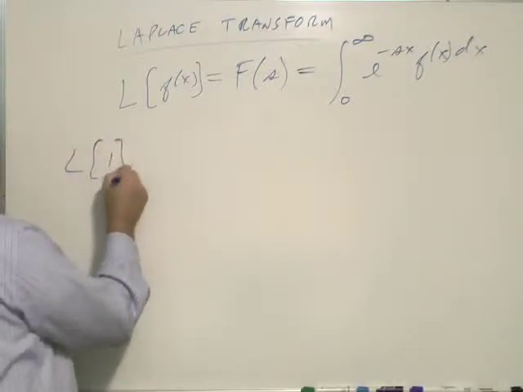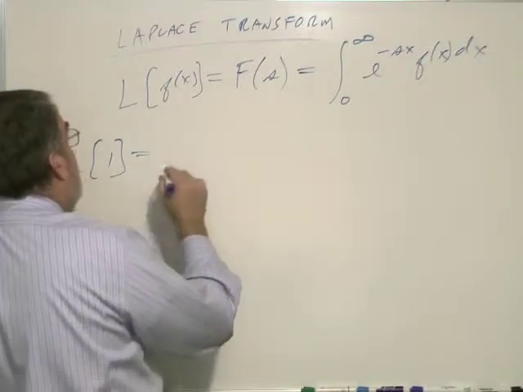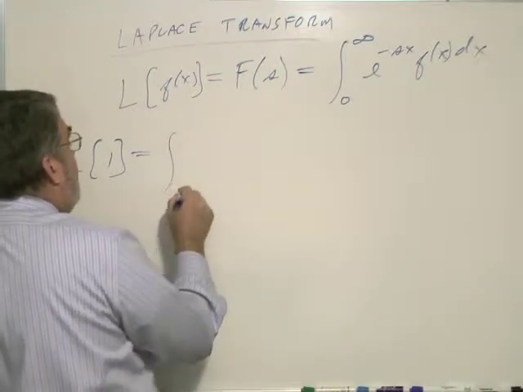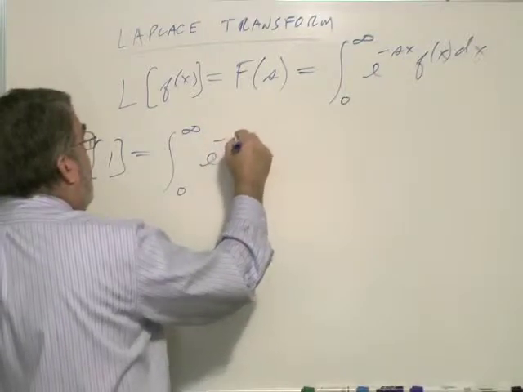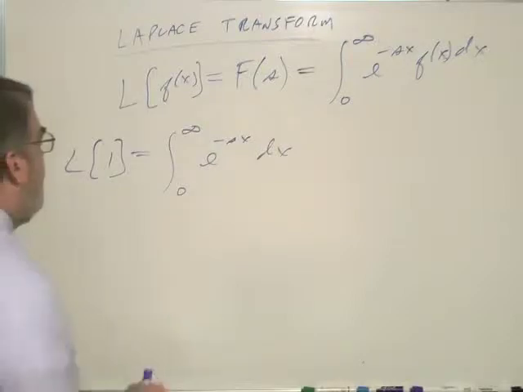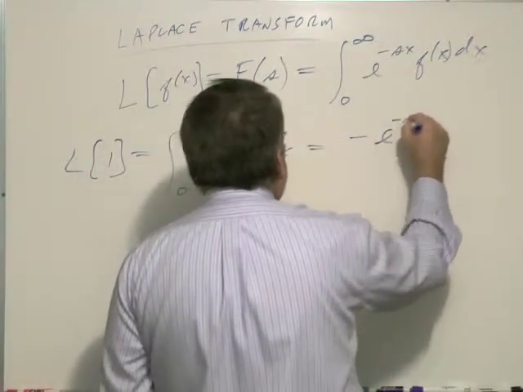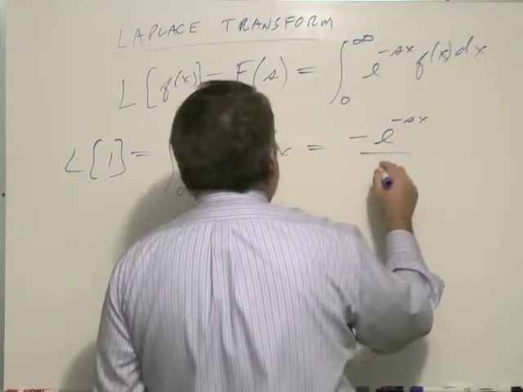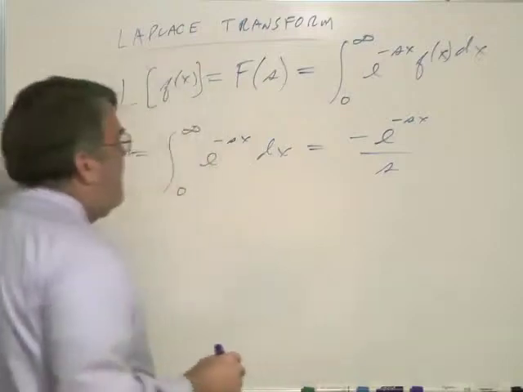The Laplace transform of 1 is, well, f of x equals 1, and so it's the integral from 0 to infinity of e to the minus sx dx. Okay, and that's not bad. We integrate this, and we get minus e to the negative sx over s, right?